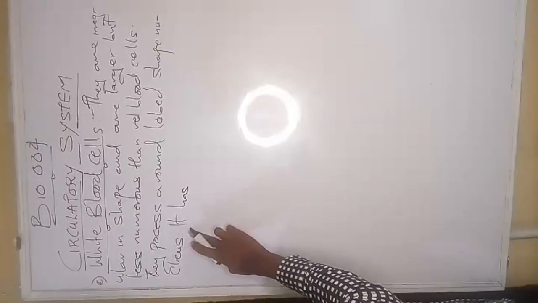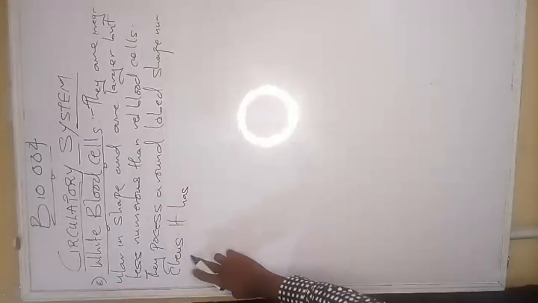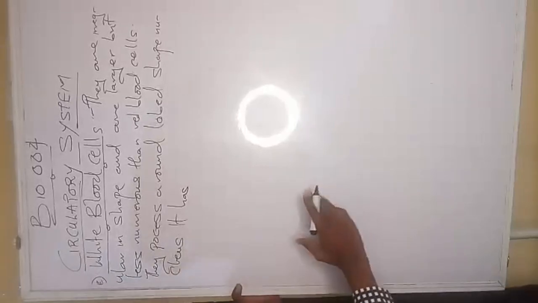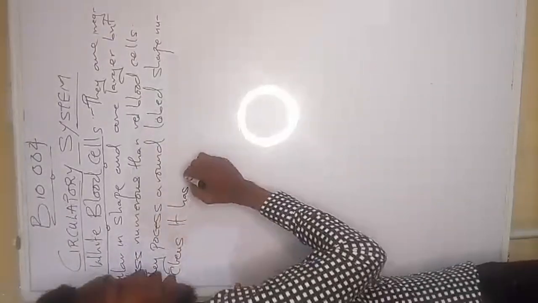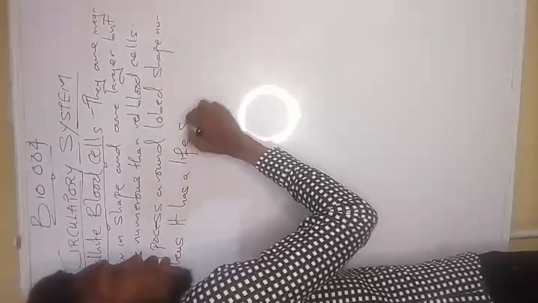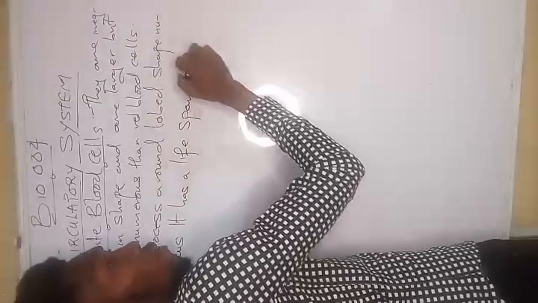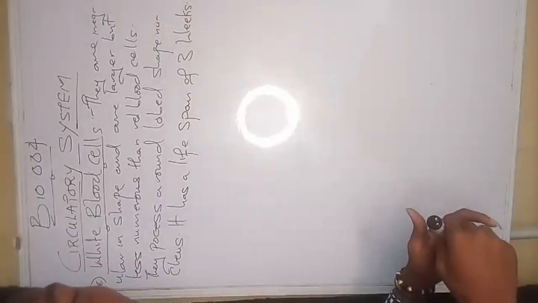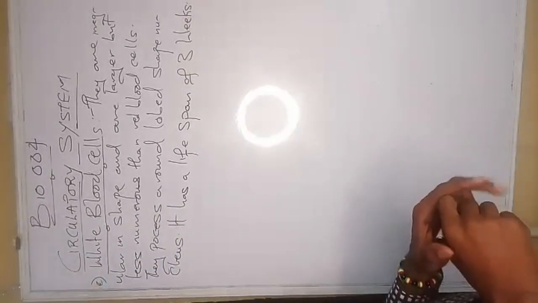Full stop. They possess a round lobe-shaped nucleus. Full stop. And we now said it has a lifespan of 3 weeks. But remember that of red blood cell was 3 months.